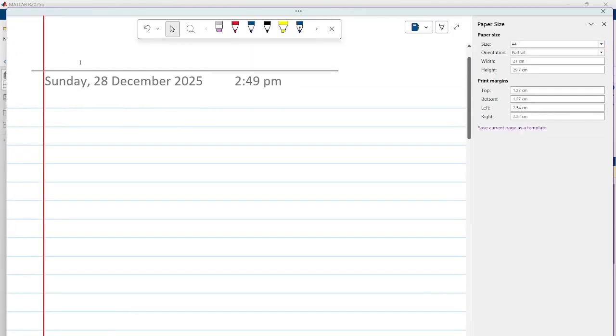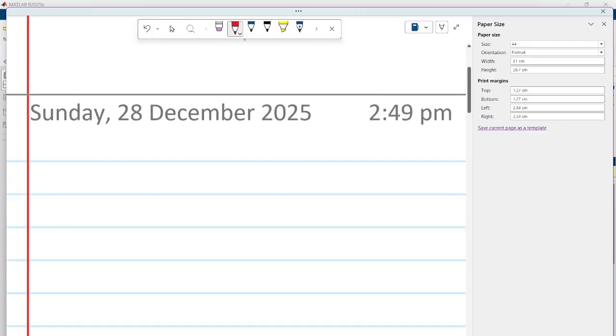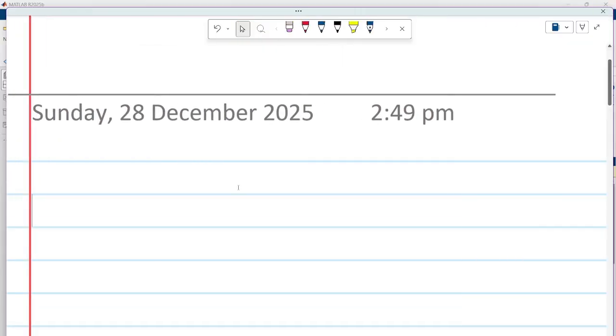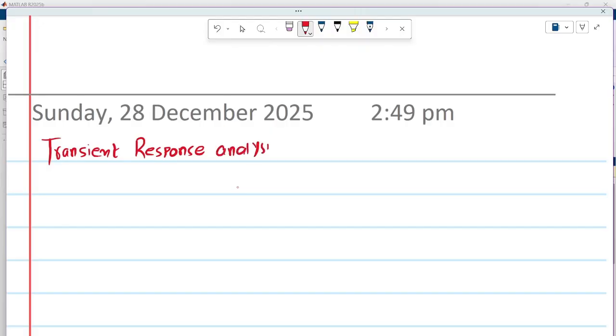Let's say transient response. Although you can do it manually as well, but it will take a lot of time.